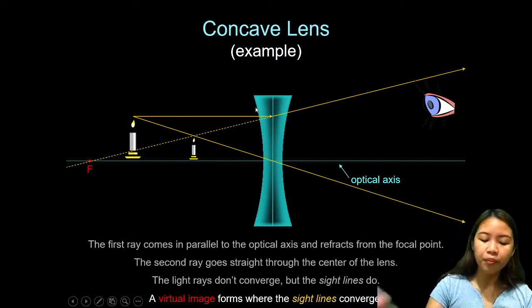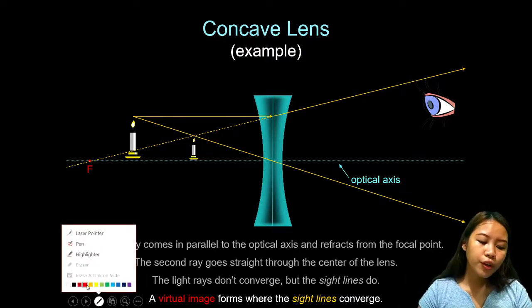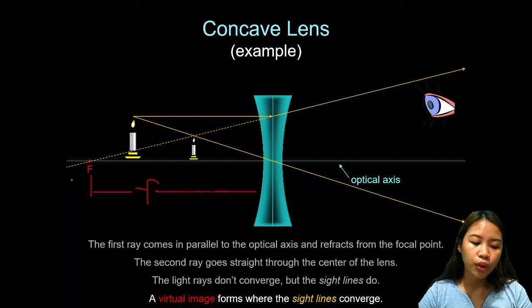Another. Always remember that if you're going to use lenses, we have two focal points. The distance of the focal length here is equal to the distance on the other side.